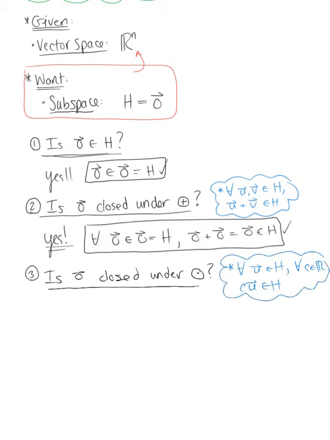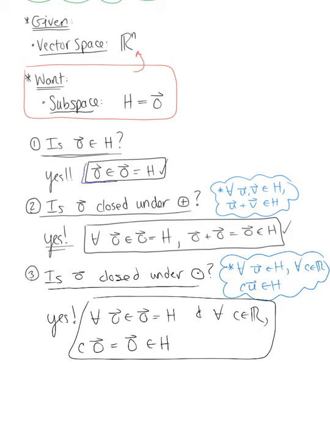So is this closed under scalar multiplication? Yes, it is. We can say for all zero vectors in the zero vector, which is our subspace H, and for all scalars c, the scalar multiple c times the zero vector is equal to the zero vector, which is in the subspace H.